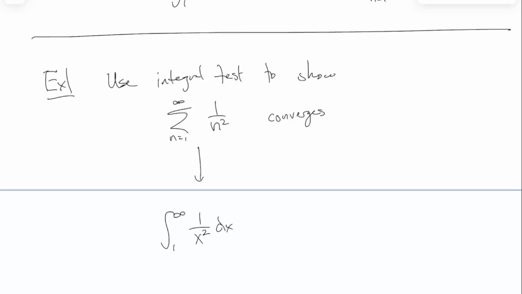Now we should make sure that this is a decreasing function. So is 1 over x squared decreasing on the interval 1 to infinity? If not, then we just can't do this at all. But it is, right? If you were to look at a graph of 1 over x squared, it looks like this.